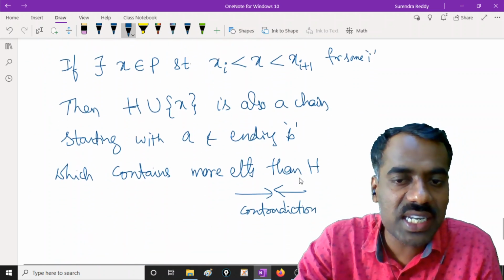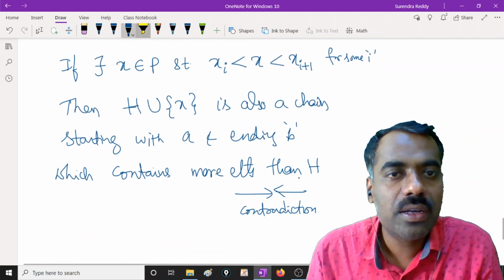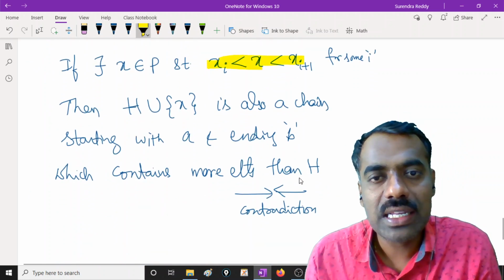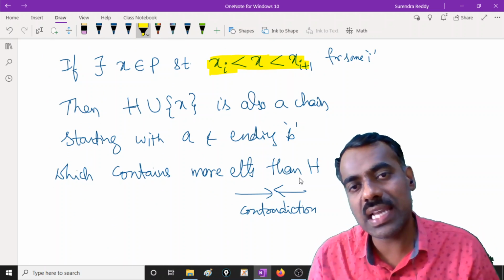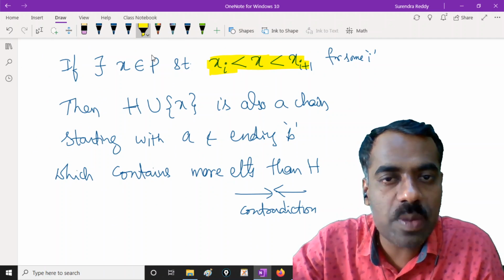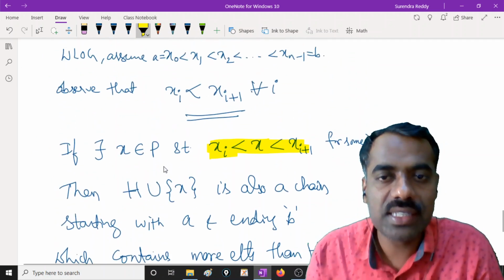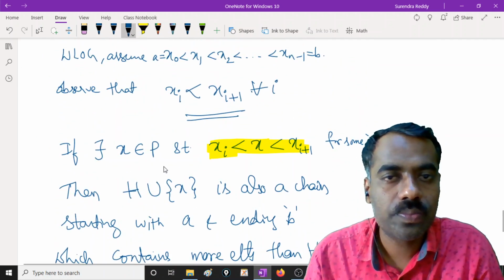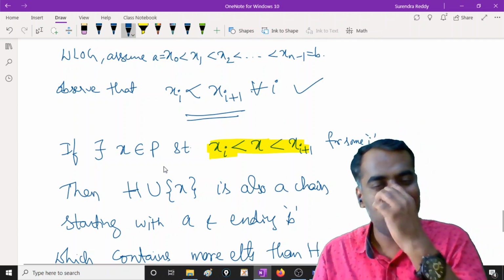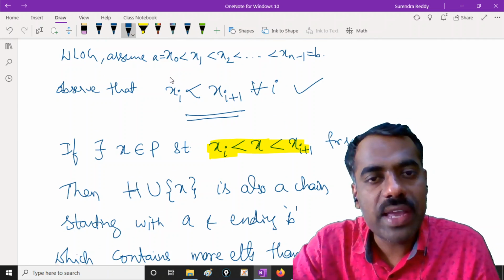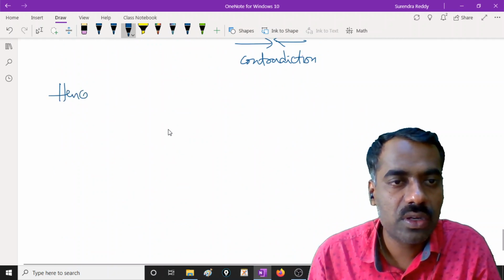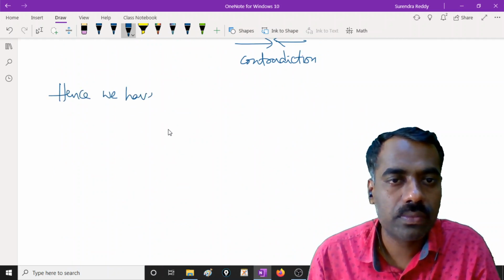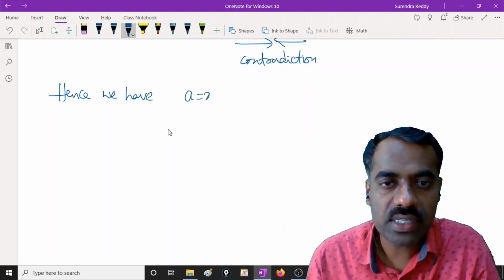So this contradiction arises because of what? Because we have assumed that there is some x between xi and xi plus 1. Is this clear? So therefore this cannot be possible, and hence this is true. So therefore we have a covering relation. Hence we have this A, which is nothing but x naught.